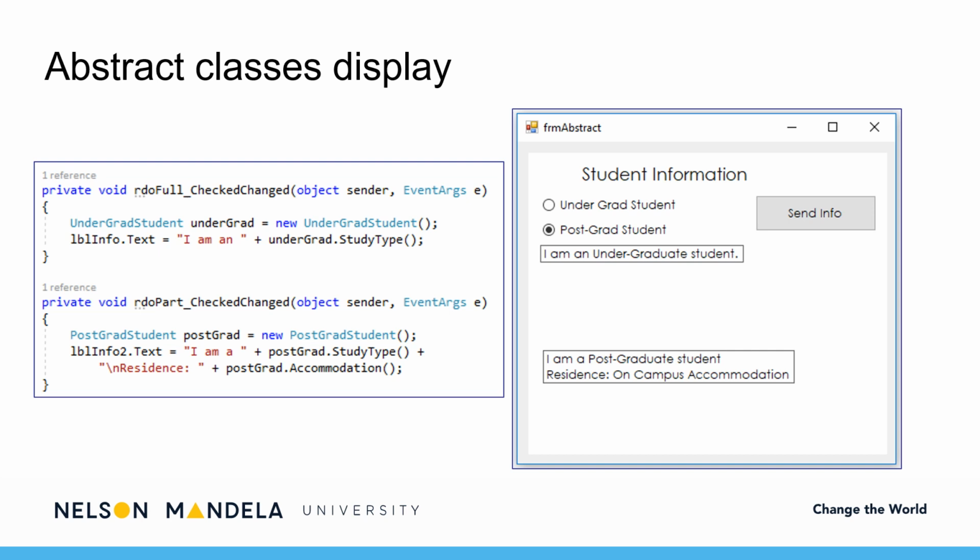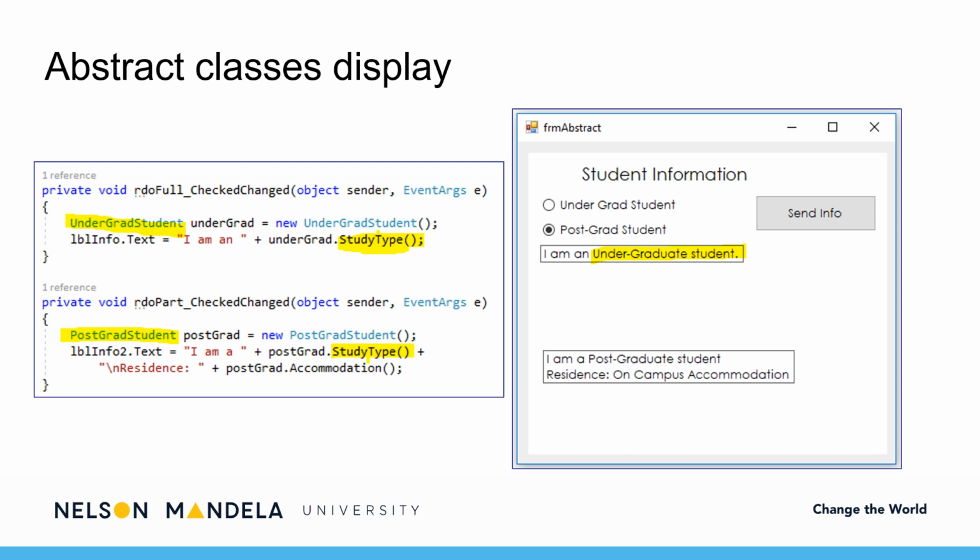So you've got the two types of students. Now the child class: you've got two types of students, undergrad and postgrad student. One says I am an undergrad student, and the other says I'm a postgrad student, with whatever implementation you provide in terms of your polymorphism. So this is the same method, but it's got two different implementations.